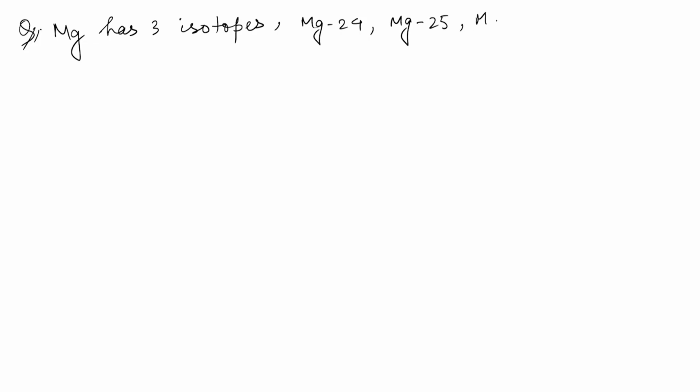So, there is one question from average atomic mass. The question is, magnesium has 3 isotopes, Mg24, Mg25, Mg26.